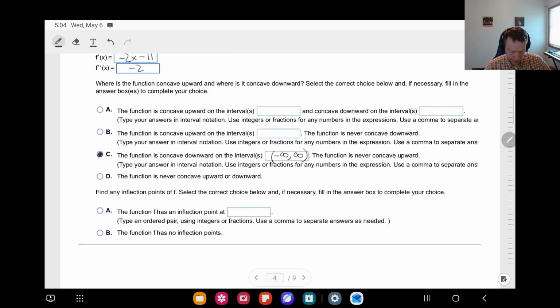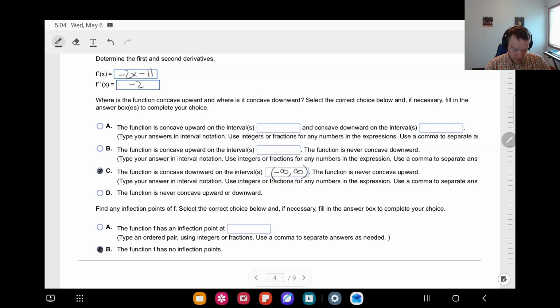Well, that makes this next part kind of nice. We can be for sure that there are no inflection points because that is where the concavity changes. Like you switch from concave up to concave down, or vice versa. That's an inflection point. In that case, you would want to find out, where is the second derivative 0? Well, that doesn't happen here.